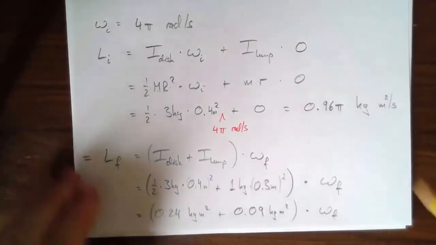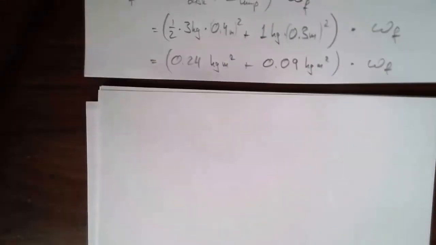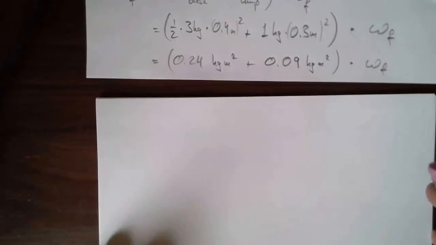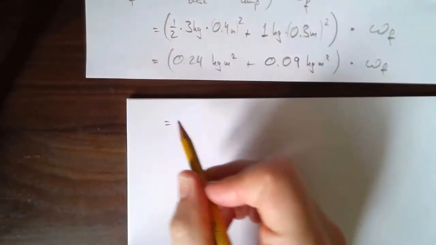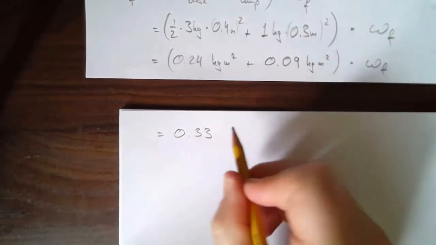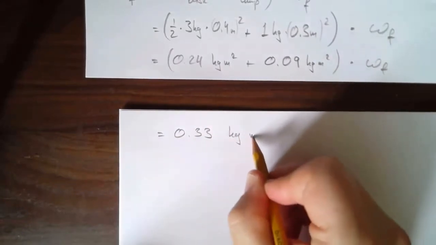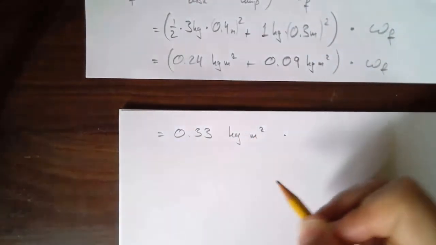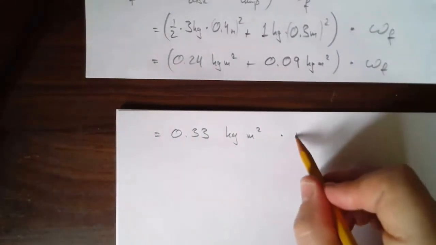Alright, we're almost there. That whole thing is, let's work it out, 0.33 kilogram meter squared times my unknown omega f.